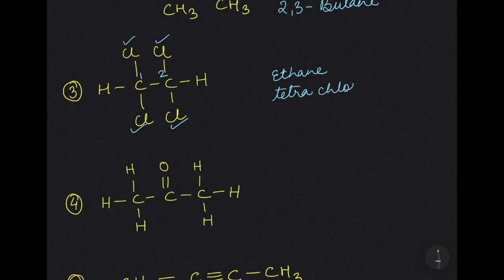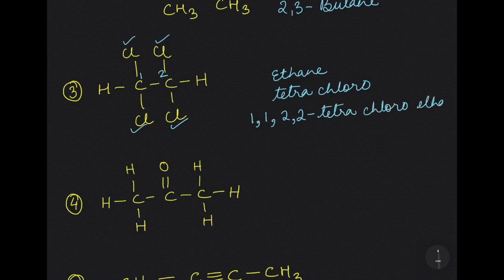So where are the 4 chlorine atoms attached? In 1. Another one is also in 1. Another one is in 2. Another one is also in 2. So 1,1,2,2-tetrachloroethane. So this is the IUPAC name of this hydrocarbon.